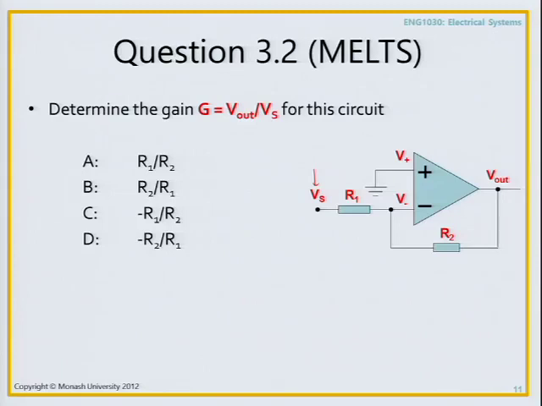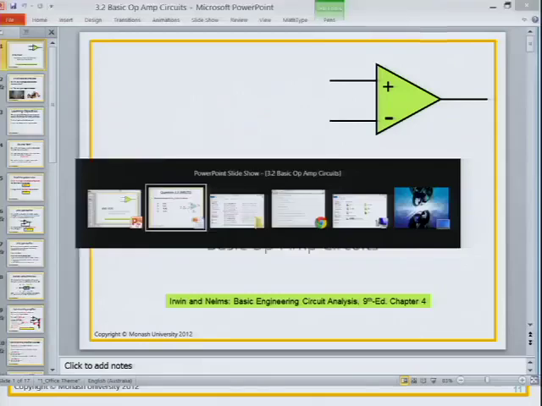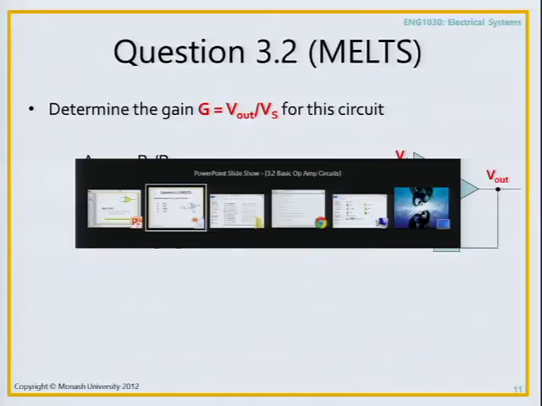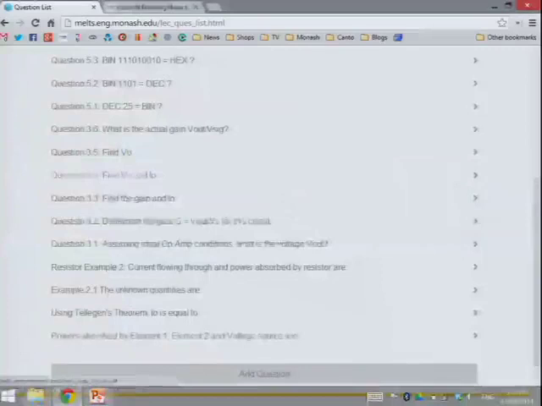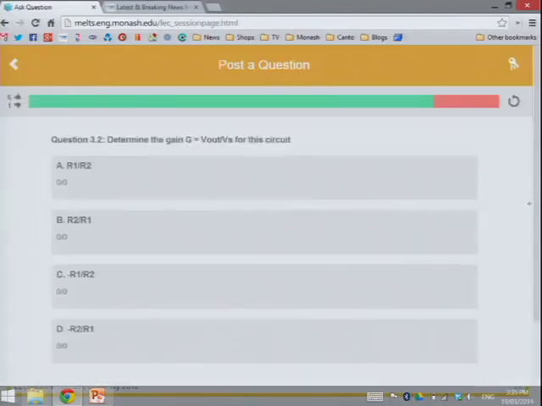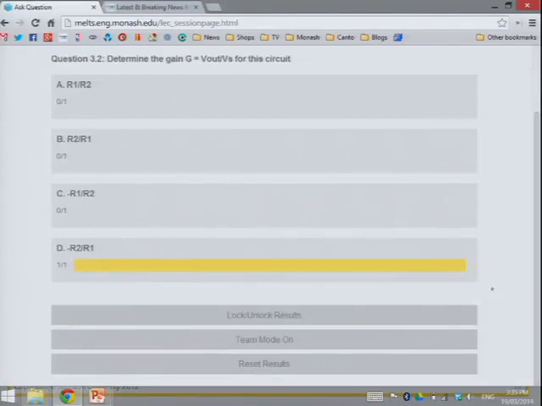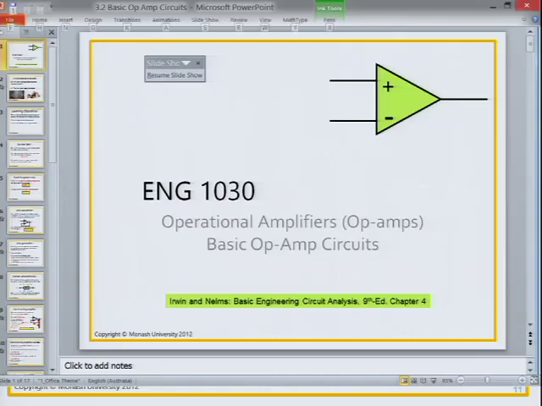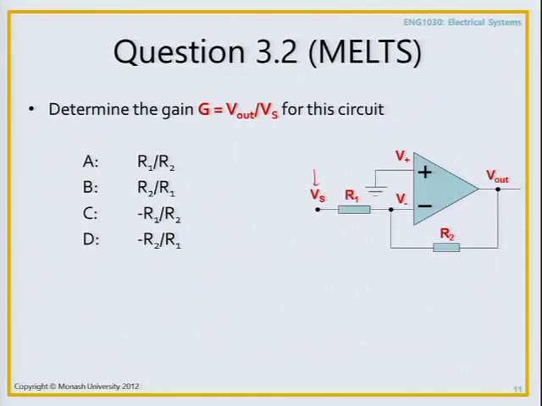I'll open up the melts question. So take some time. Really try to digest what you saw in that first example to work out the second example. So doing a gain for this. All right, let's have a go at this one.